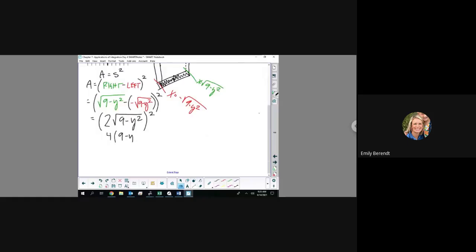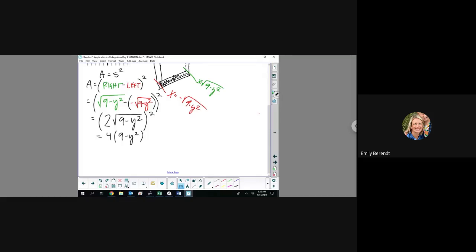You don't need to FOIL. You'll square the 2, which gets you 4, and you'll square the square root, which cancels, so you're left with the quantity on the inside. So we'll have 4 times 9 minus y squared.